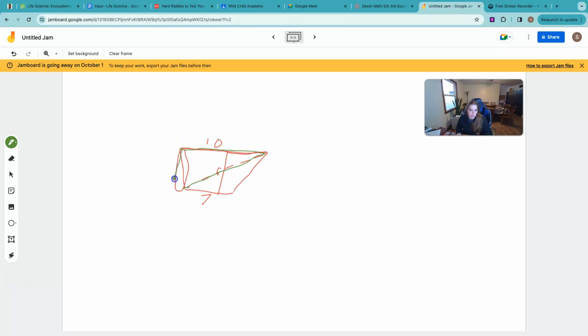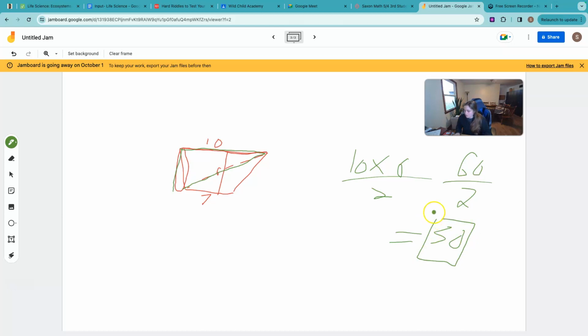If you look at it, 10 is the base. So 10 times what exactly, right? What are we looking for? 10 times 6 divided by 2. So 10 times 6 is 60 divided by 2 equals 30. So that's the area of one triangle.